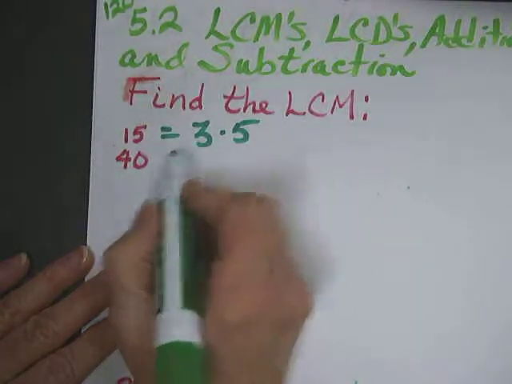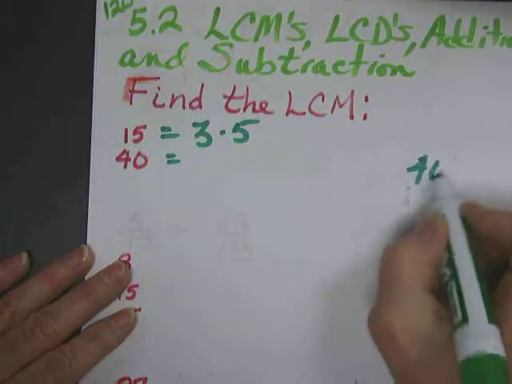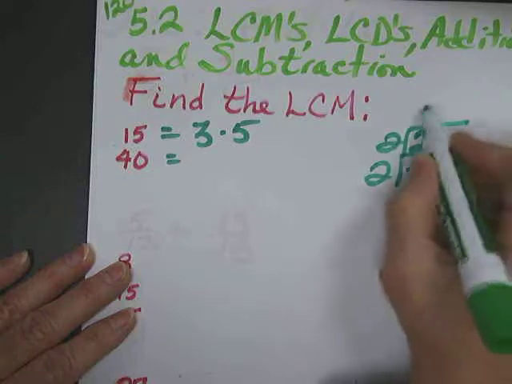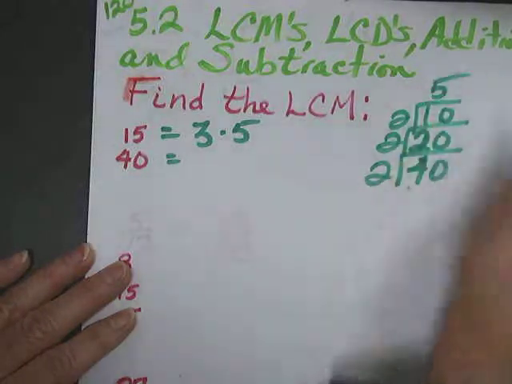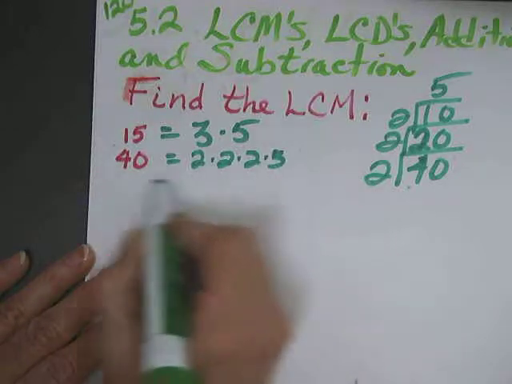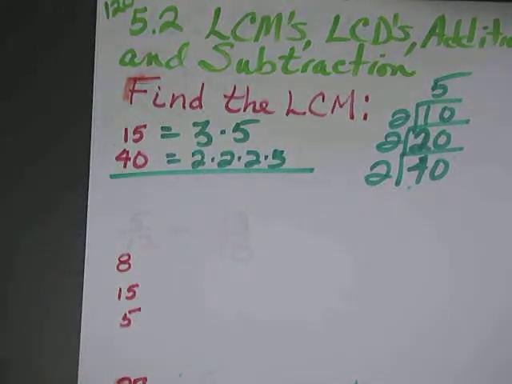Find the factorization of 40: 40 divided by 2 is 20, divided by 2 is 10, divided by 2 is 5, so we get 2 times 2 times 2 times 5. We don't say 8, we do the whole prime factorization.